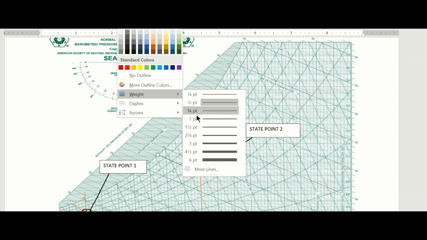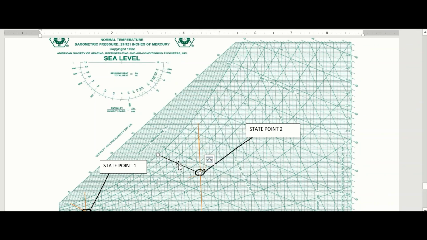Let me make it visible. All right, so this line here is my wet bulb line. I can call it my TW2. As you can see here, this is 60, 61, 62, 63, 64, 65.